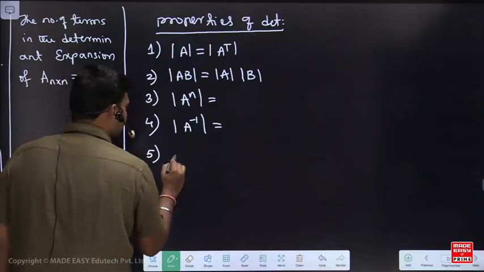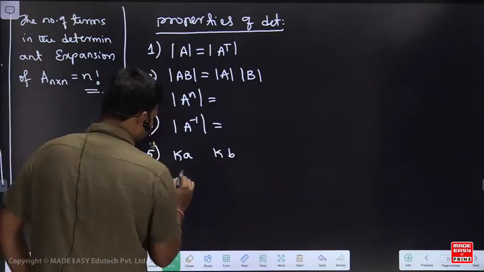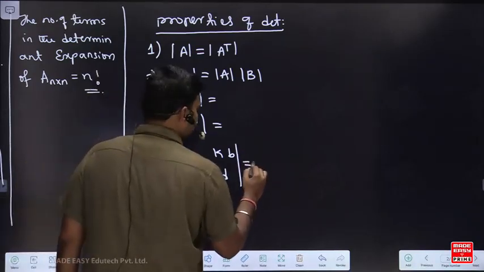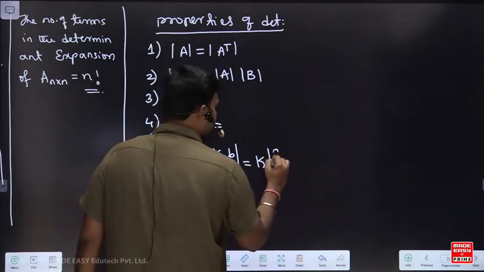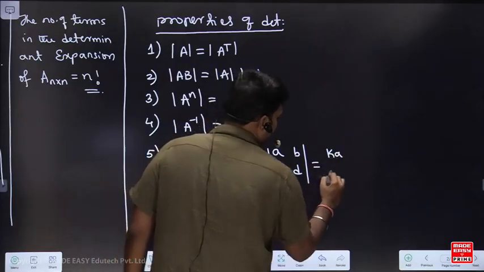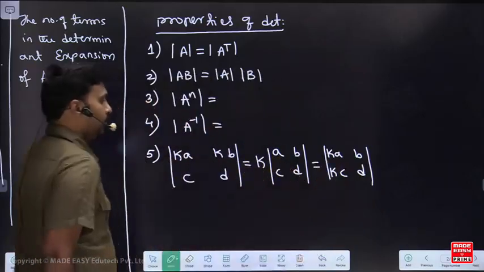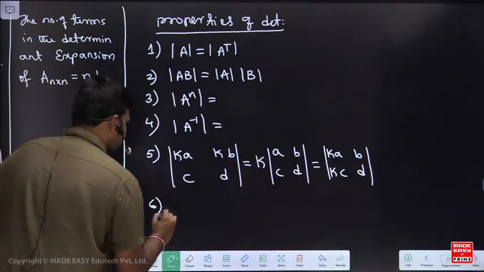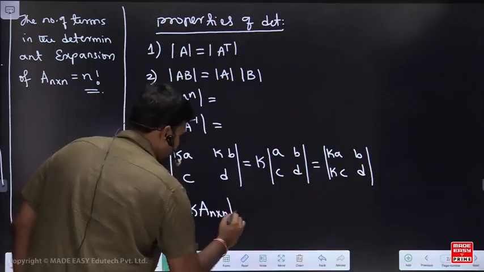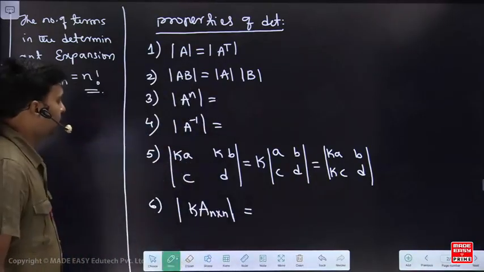Fifth one is that the determinant with rows K B and C D is nothing but K times the determinant A B C D, and then K A K C B D here. Now the sixth one is the determinant of K A n by n. Now what is this equal to here?